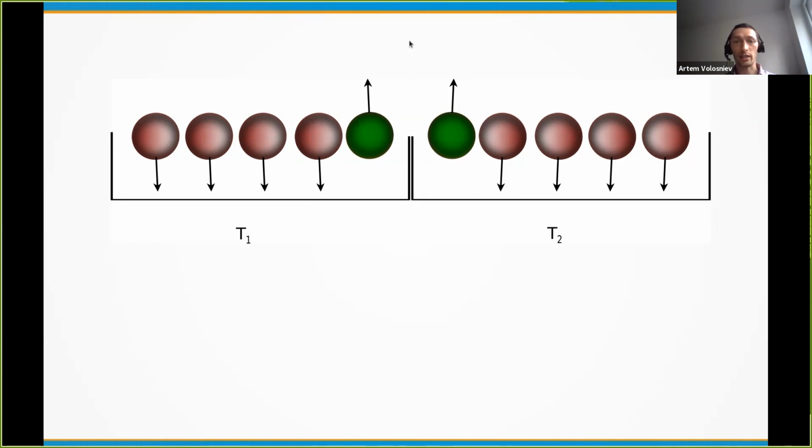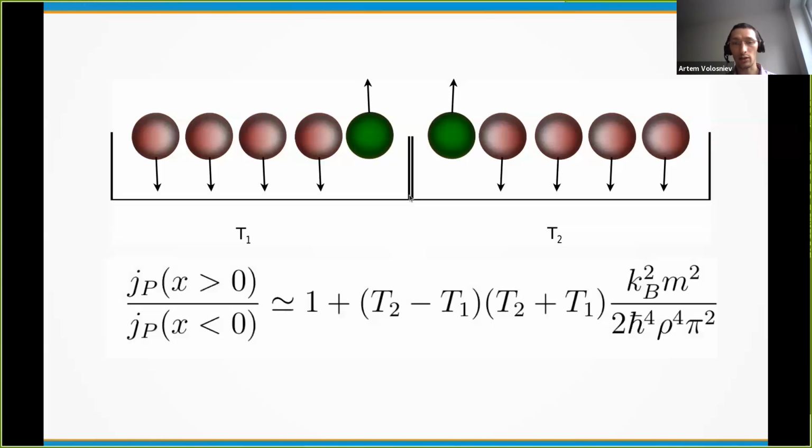So now if you say that I have some constant pump in the middle, I will generate a spin current, which is basically the difference between how many particles go to each side and how fast they go. Then you could calculate it again using the same expansion, the one-body model, and you will end up with such an expression.